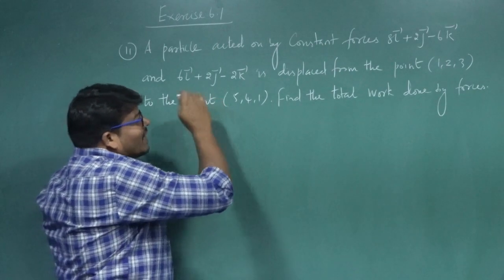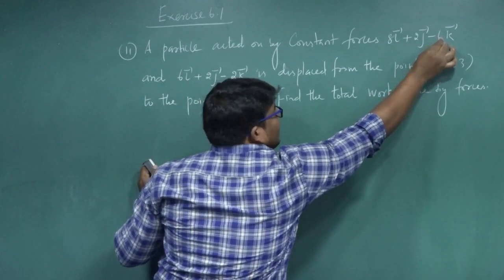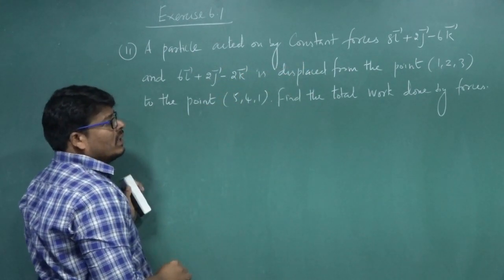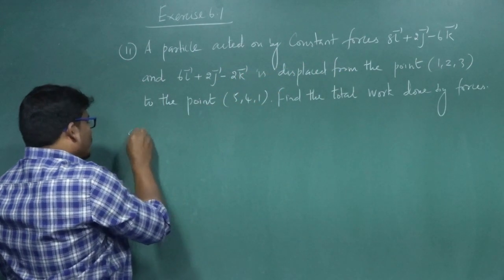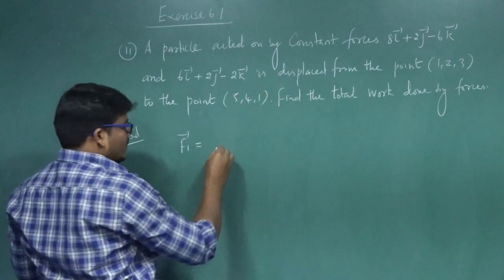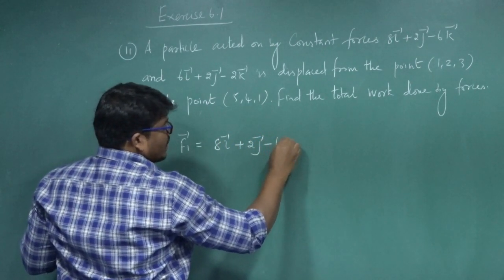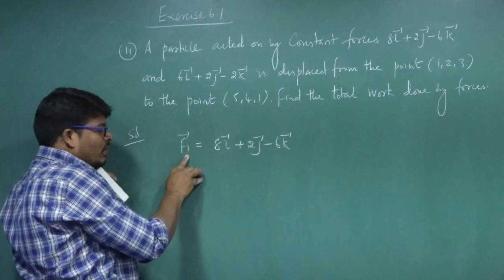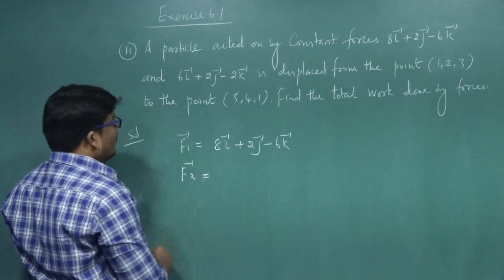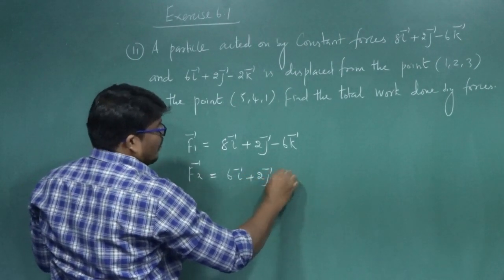What is given? The constant forces are two vectors, 8i plus 2j minus 6k and 6i plus 2j minus 2k. The first force is F1 equal to 8i plus 2j minus 6k, and the second force is F2 equal to 6i plus 2j minus 2k.